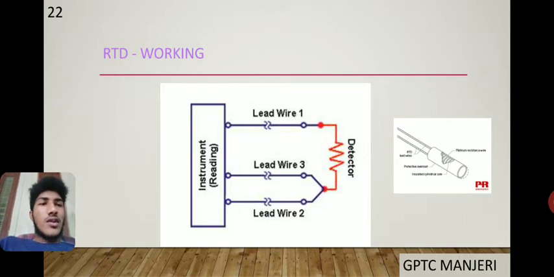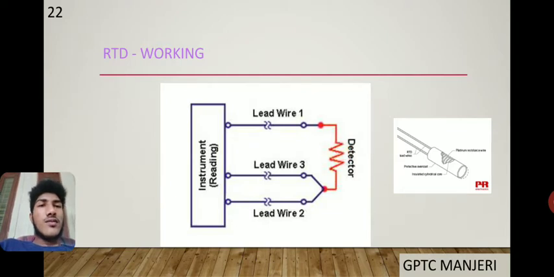The detector detects environmental changes in temperature. As the temperature increases, the resistance also increases. The resistance difference acts on the voltage or current flowing through these wires, and this is measured by the microcontroller.